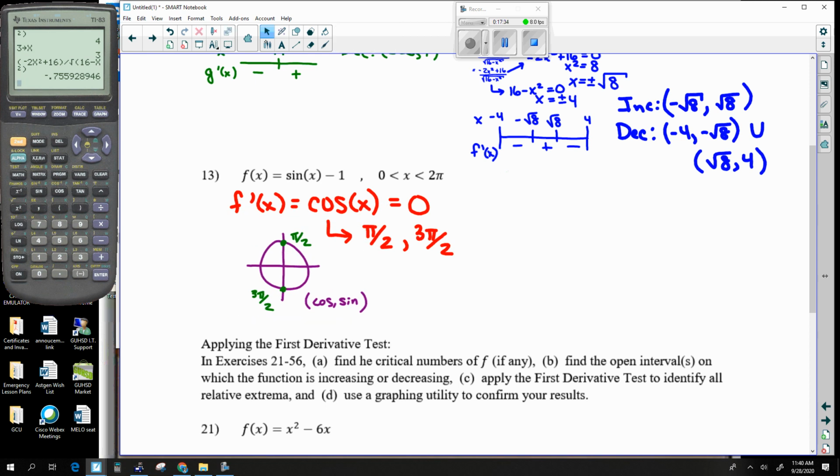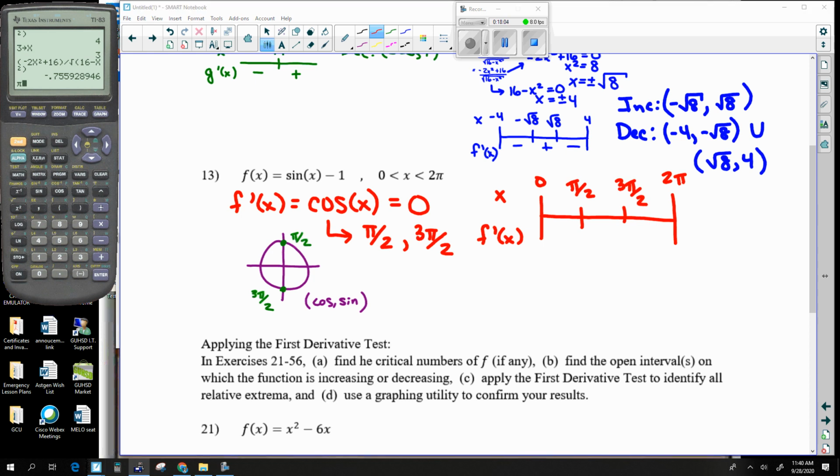Putting this to good use, we have x and we have the derivative. This starts at 0 and goes to 2 pi, so don't go outside that. That's the domain they establish. The numbers we're testing are pi over 2 and 3 pi over 2.